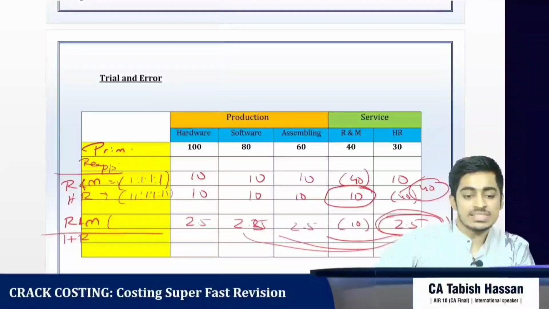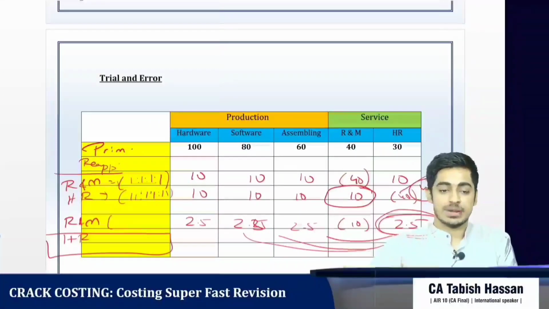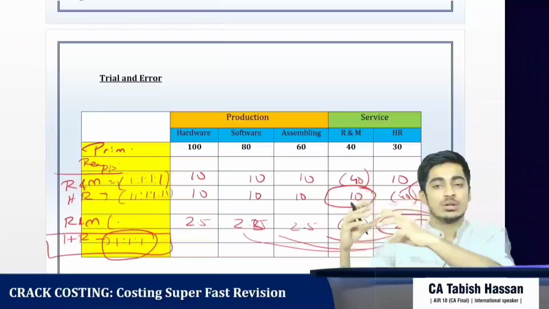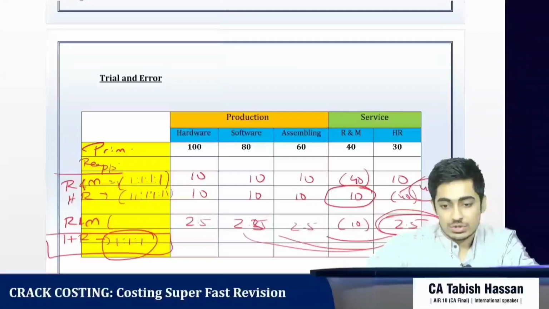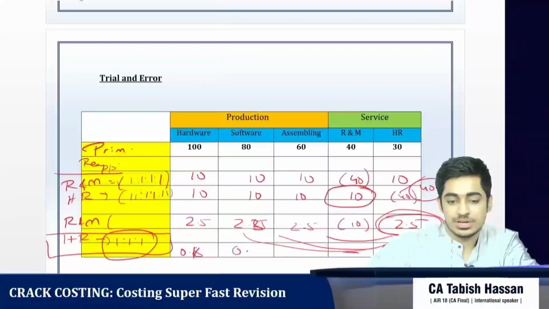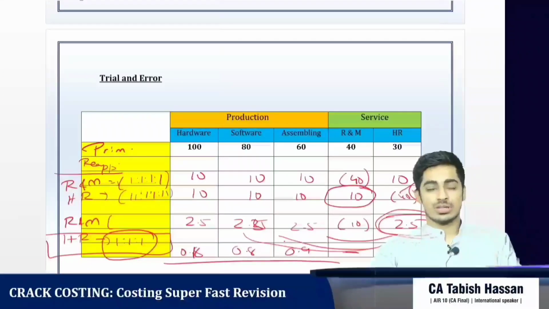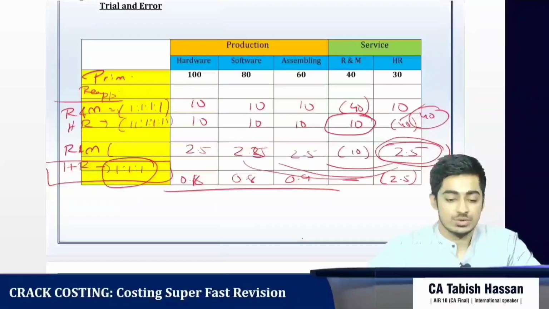So in the last step, even if we have the service department, we only distribute it to the production departments, because ultimately we want the total overhead at the service department to become nil. So we reduce 2.5 from here. We don't distribute anything here. This 2.5 we share as, say for example, 0.8, 0.8 and 0.9. Based on this, we get the total overhead, we divide by a basis, we get the overhead recovery rate, and then we charge the overheads to the cost object.